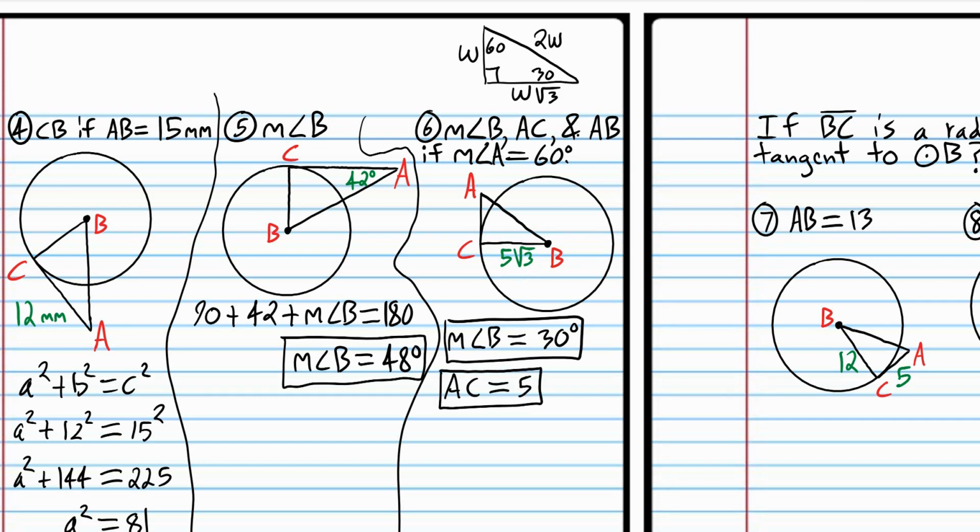Again, because this is a special triangle, we can see very quickly what these values are. And AB, that must be 2 times W. W is 5, so AB is 2 times W, which is 10. So if you got those answers, good job.